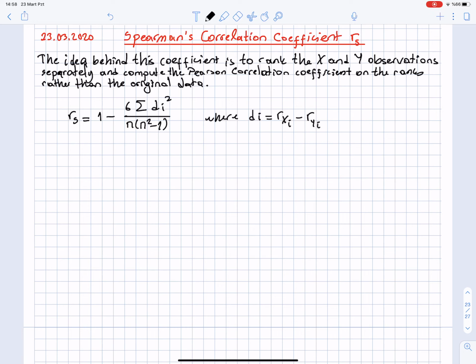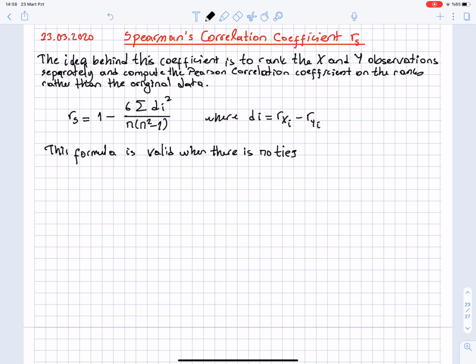This formula is valid when there are no ties. What we mean by ties is equal measurements for any values of x or any values of y, so the ranking will not be all different.